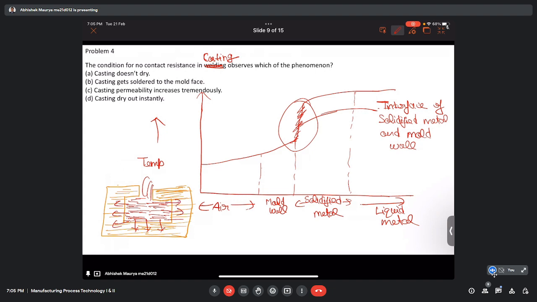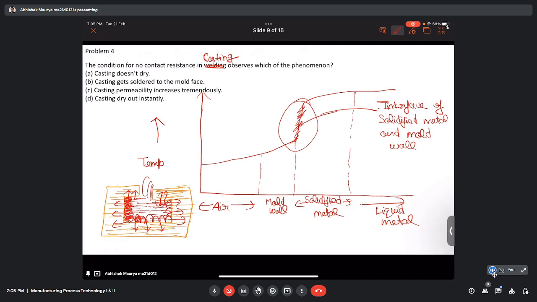So heat is coming out from the molten metal to the mold wall, and this is a very fast process because of the good conductivity of the metal mold. So something like this.